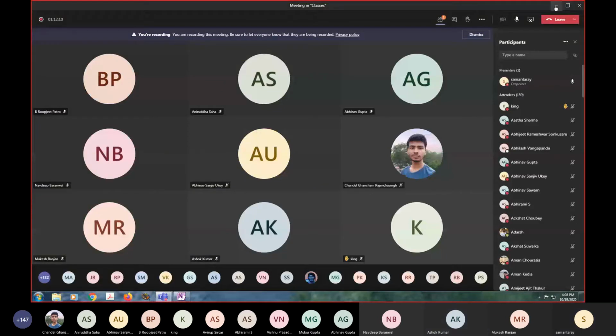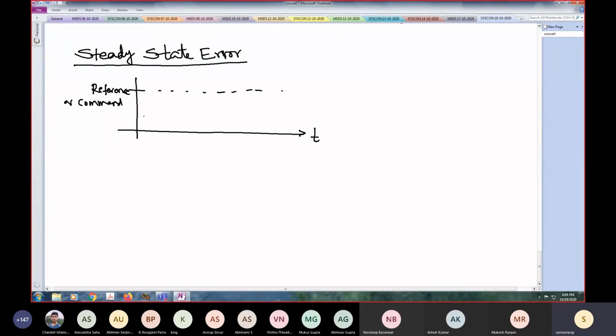Okay. So, what is steady state error? Steady state error is, let's say you have some kind of response. This is the desired reference, so this is our reference or command. And your response doesn't go there.